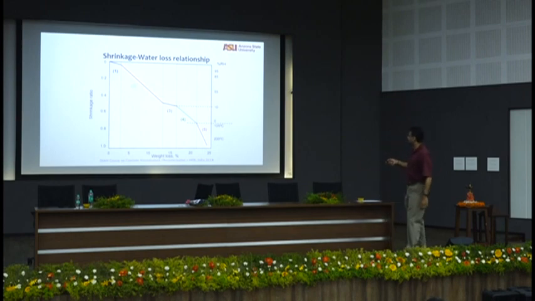So if you look at what happens, I'll give you what stages 1, 2, 3, 4 and 5 are as we go further. In stage 1, you have a little bit of weight loss where RH changes from 100 to 95.